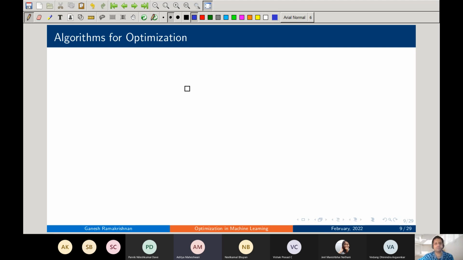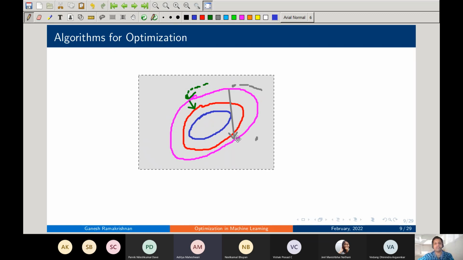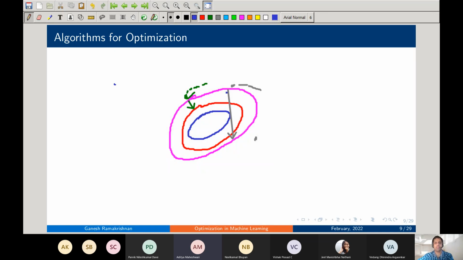Let me just paste an image here. We'll be often using this. So you have level sets, and what is happening is the function could move from this green point to another level set. It could also jump from what you see, this gray point here, to another gray point, which unfortunately is in the same level set.